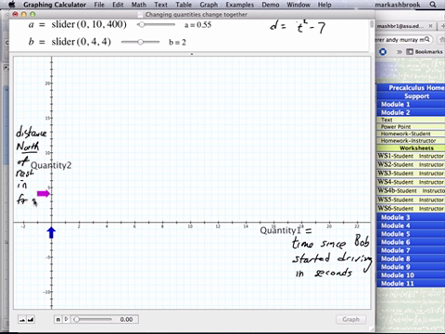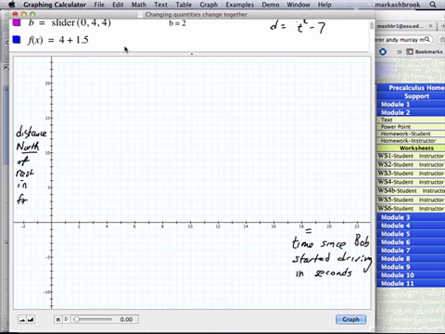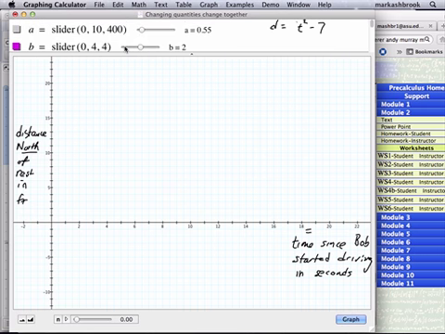So at time equals 0, what's the distance north? So t squared minus 7. At this start, when no time has elapsed, what's the distance north of the restaurant? Yeah, and what does that mean?